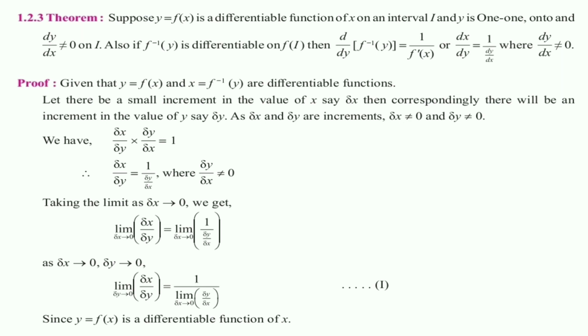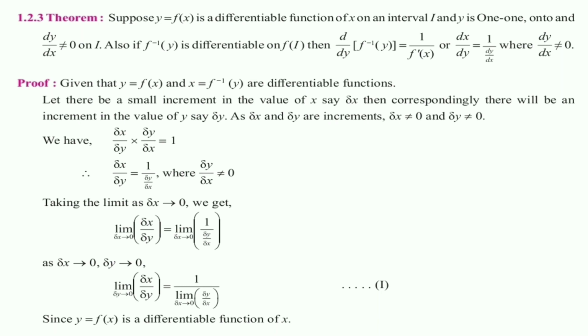Taking the limit as delta x tends to 0, we get limit delta x tends to 0 of delta x upon delta y equal to limit delta x tends to 0 of 1 upon delta y upon delta x. As delta x tends to 0 and delta y tends to 0, limit delta x tends to 0 of delta x upon delta y equals 1 upon limit delta x tends to 0 of delta y upon delta x.